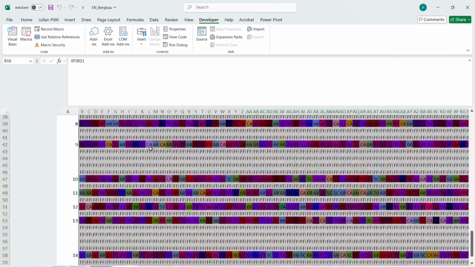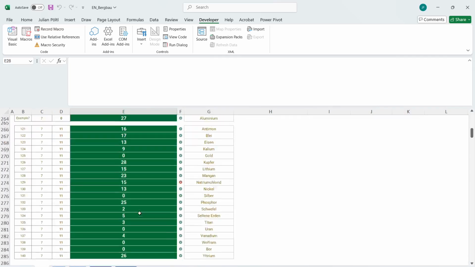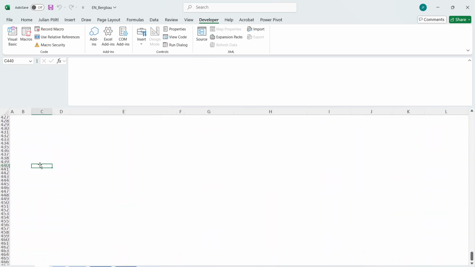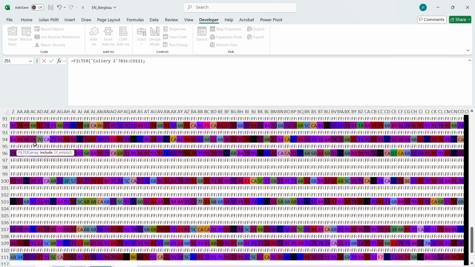So basically we have this field here where the RGB color is given in this concatenated format. And then let's filter this here.